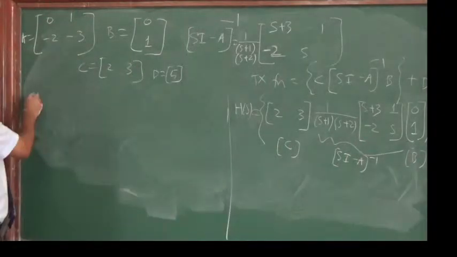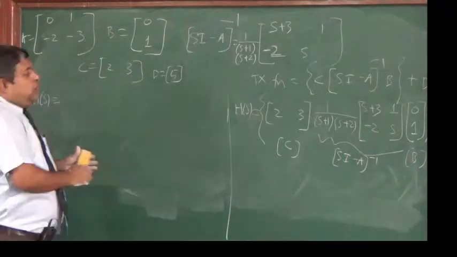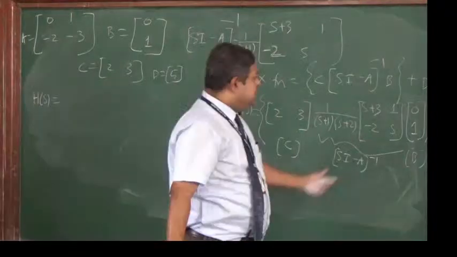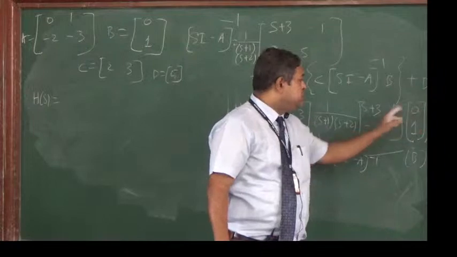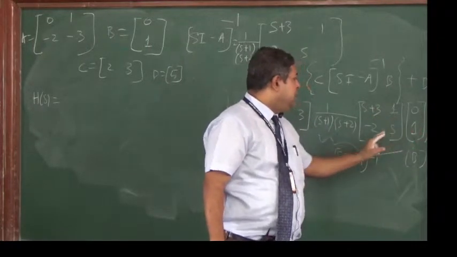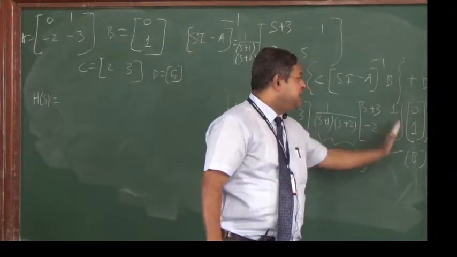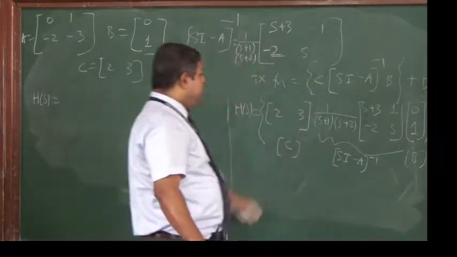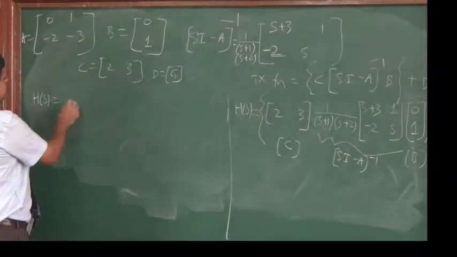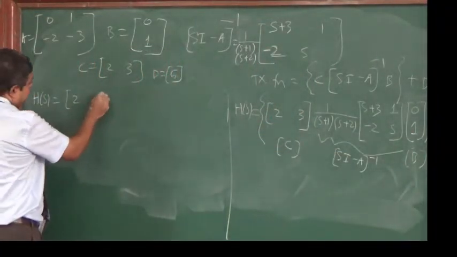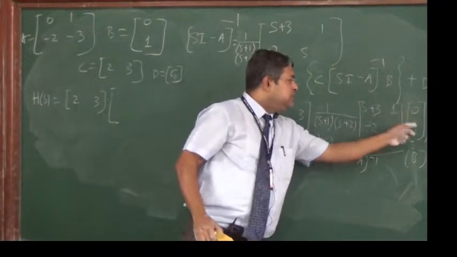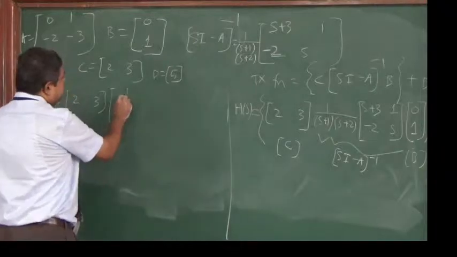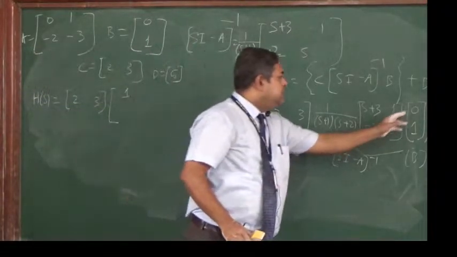So H(s), which calculation is to be done first? Just see that 0 and 1, if you are multiplying 0 and 1, this into 0, so this part goes and 1 remains, and this into 0 goes, so we only get column number 2. So first do the multiplication of 0 and 1. Then 2, 3. So first do this calculation. So this into this, first we get 1, and second is this into this.